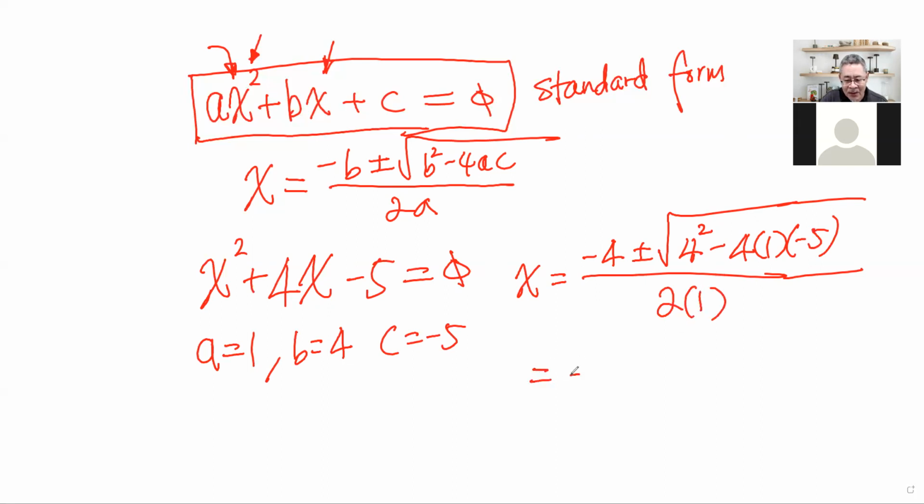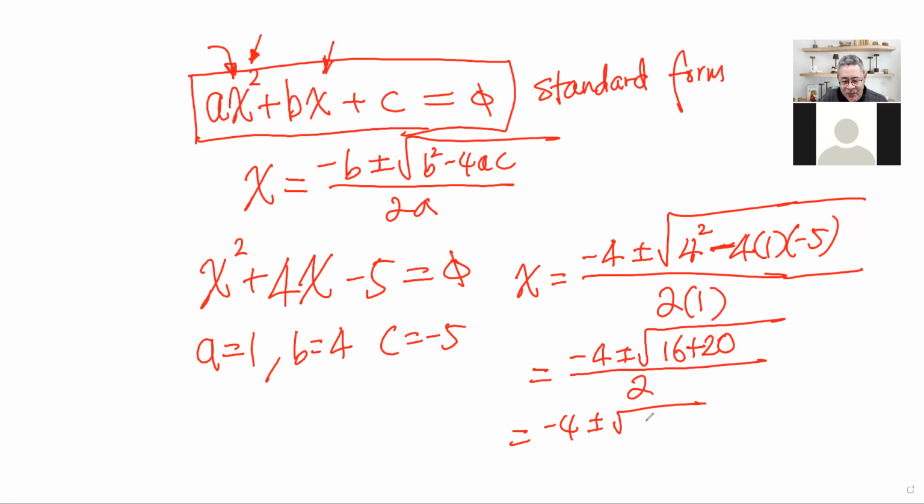So we got negative 4 plus minus the square root of 16, and 4 times negative 5 is negative 20, the negative, so we add that. We got negative 4 plus minus the square root of 36 over 2.